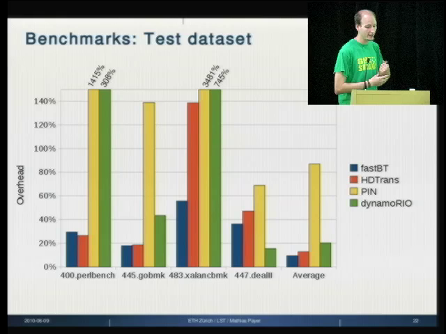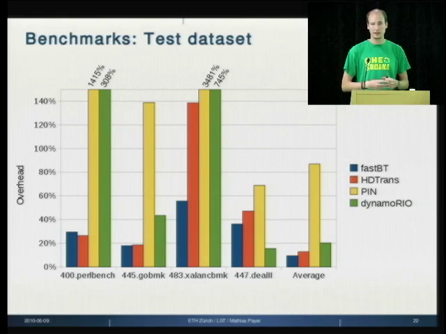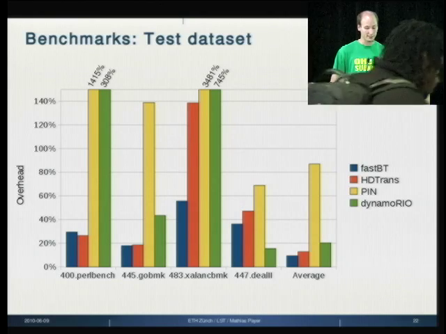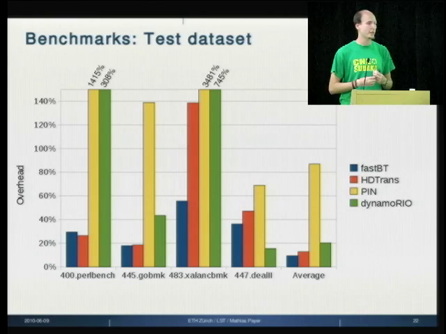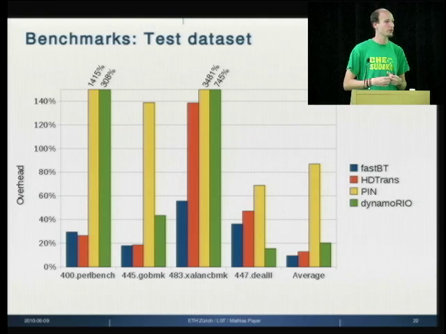Now, if we go to the test data set for short-running programs, on the other hand, we see that table-based iterators have a performance edge compared to IR-based iterators. These are programs that execute between below 1 and 40 seconds.